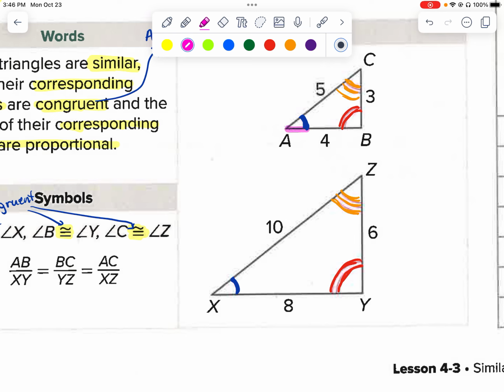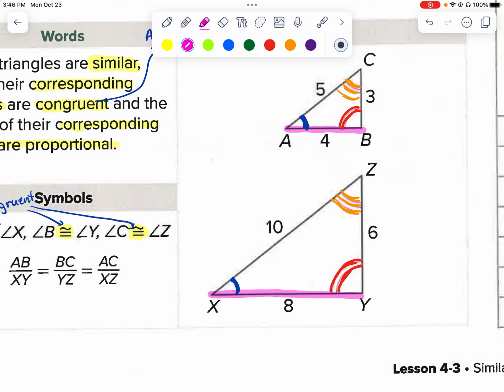Sometimes people ask, how do I know which ones go to which? If I look at angle A, that has one arc mark. Angle B has two arc marks. So I go to the other triangle that has those same arc marks. Angle X and angle Y have those same arc marks.